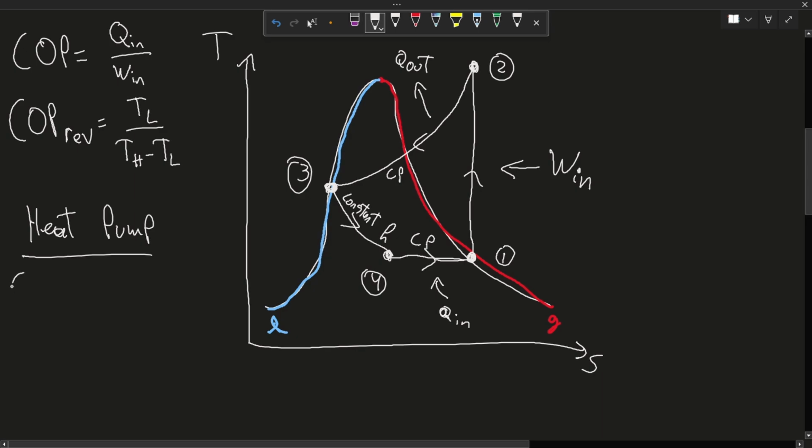If it's a heat pump, your equations change. The COP becomes Q out divided by W in, because that's the whole purpose of the system. COP rev is equal to the hotter reservoir, TH, divided by TH minus TL. You don't need to know all of these by heart. You just really need to understand the purpose of these two systems, and the rest is kind of easy to understand.